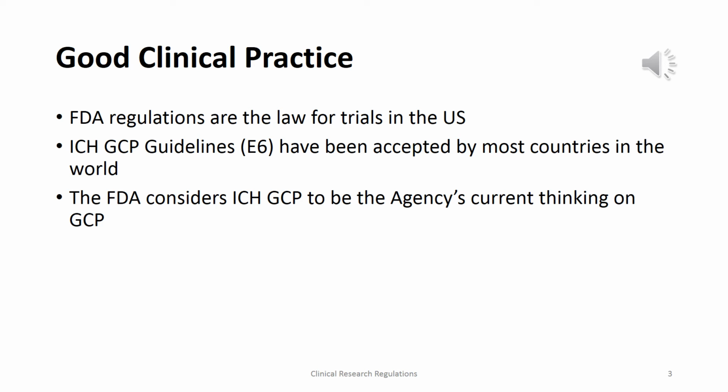Now, for most companies, most sponsors, most pharma companies, most medical device companies, contract research organizations, vendors that work in our industry are going to follow the ICH GCP guidelines, specifically in the case of pharma companies, E6, although there are other components to that guideline that we don't necessarily touch on in our course.